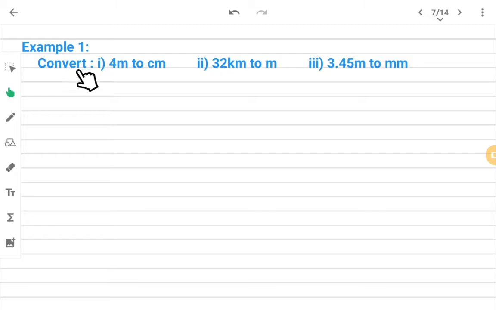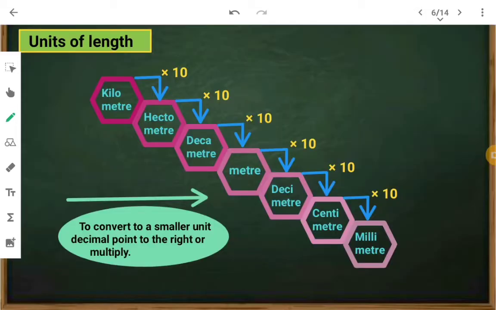Now we'll see an example for converting a larger unit to a smaller unit. The first one is given as 4 meter to centimeter. Here meter is the larger unit, centimeter is the smaller unit, right? Now let us recall, 1 meter is equal to how many centimeters? 1 meter is equal to 100 centimeter.